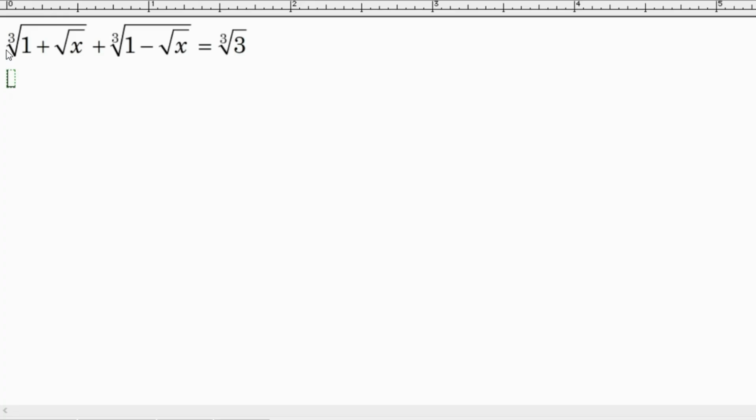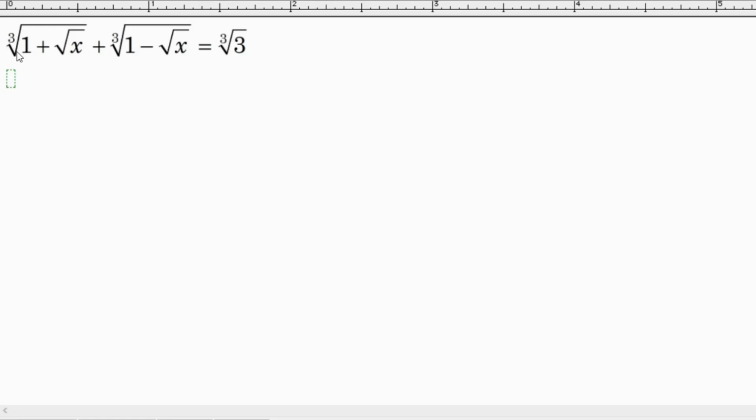Okay, so as we can see, we have cube root of 1 plus square root of x, and then plus cube root of 1 minus square root of x, equal to cube root of 3. Alright, so in order to solve this equation, the first thing we need to do is simplify the cube root.